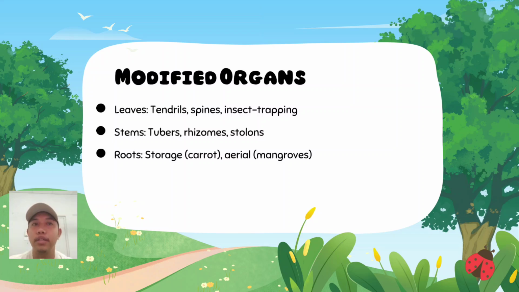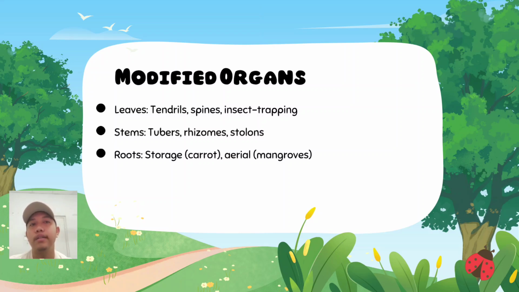Modified organs. Plants are amazing because they can adapt their organs to survive in different environments. For example, modified leaves like spines in cacti to reduce water loss, or insect-trapping leaves in pitcher plants for extra nutrients. Modified stems like tubers in potato for storing food, or stolons in strawberry for spreading.